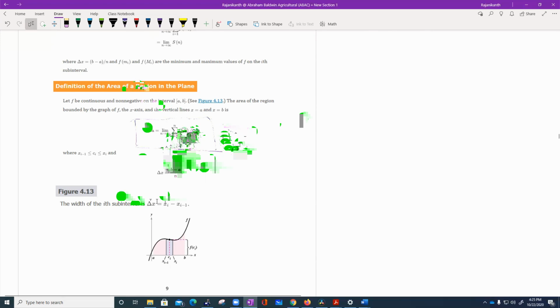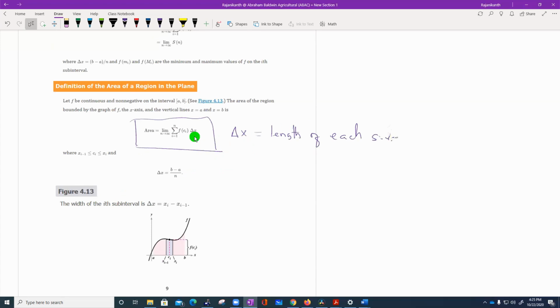So here delta x is nothing but the length of each subinterval. Remember, we divide the given interval into equal pieces, therefore each subinterval has the same length. That length is the delta x. So what are you doing here?